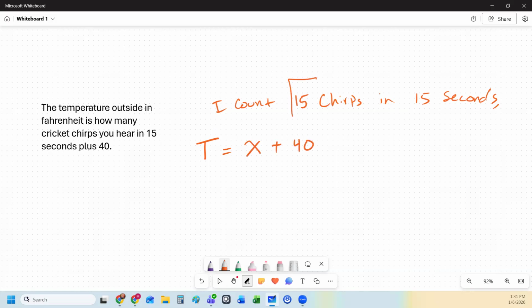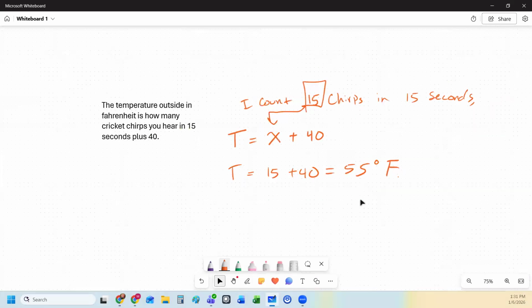Since I've counted 15, that replaces x, and so the temperature for me is 15 plus 40, that would be 55 degrees. So this is a mathematical model. It's used to simply evaluate or estimate or take an educated guess at the value of something.